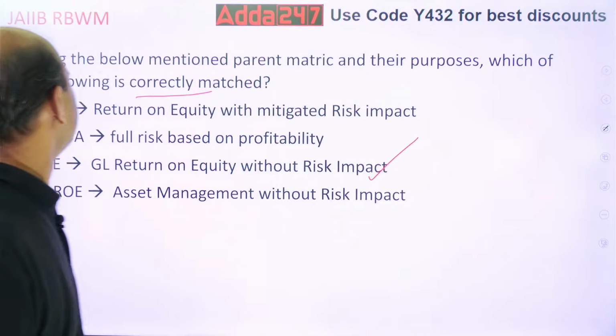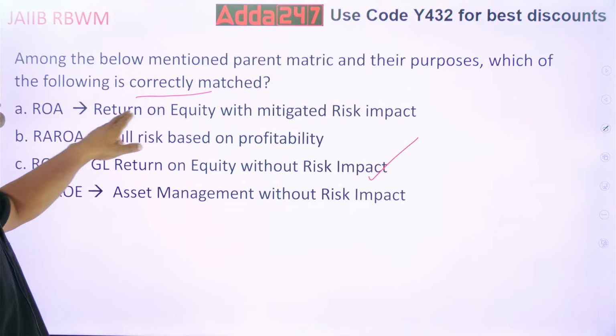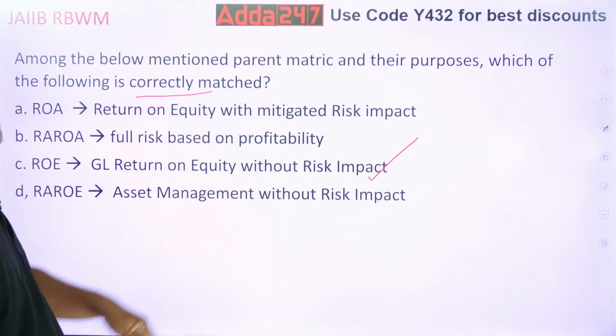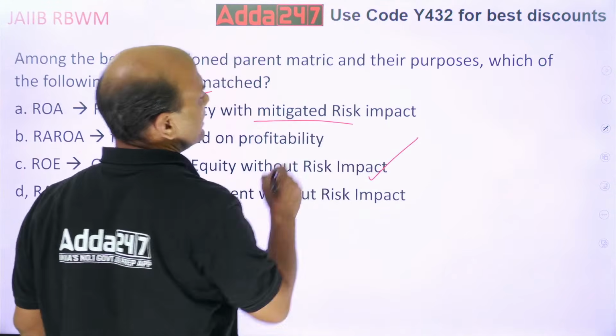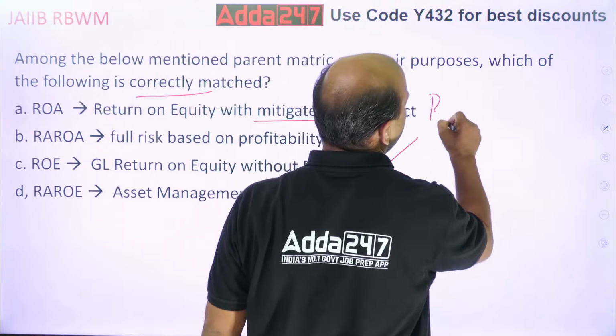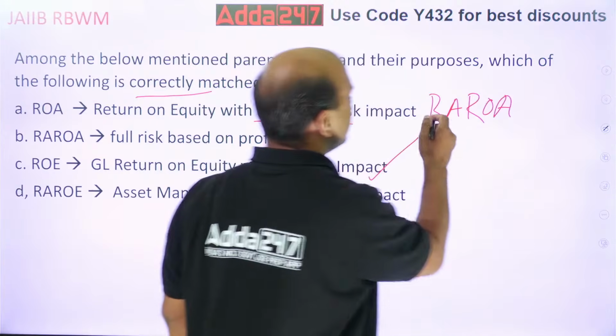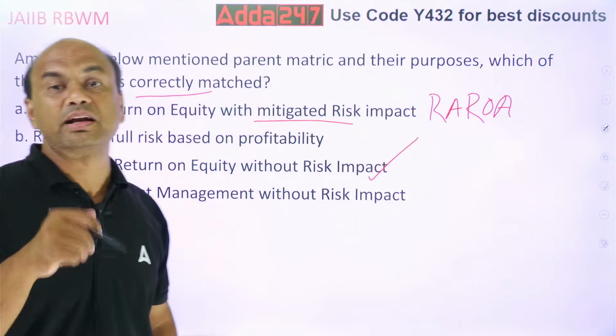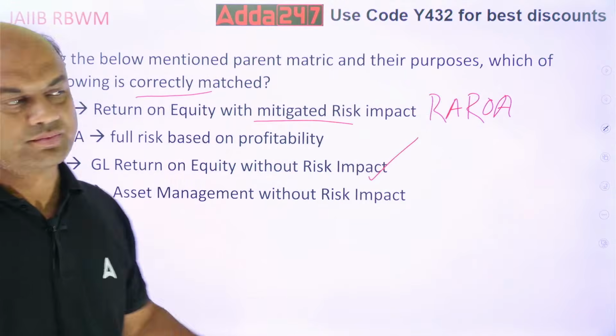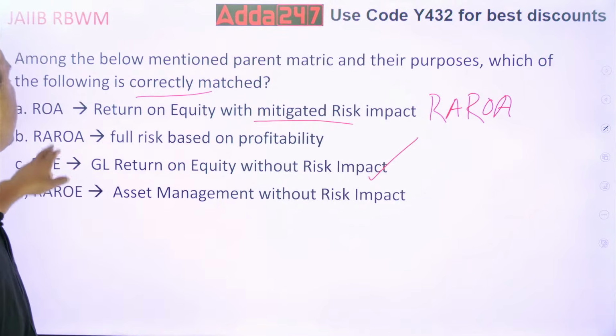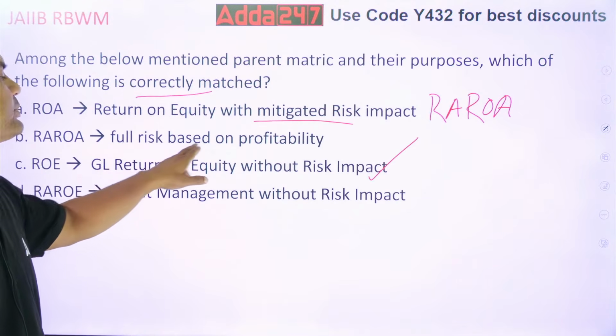Why? See, ROA means what? Return on equity with mitigated risk? No. If you have mitigated risk, then it becomes risk adjusted return on assets. Then ROA, full risk based on profitability?